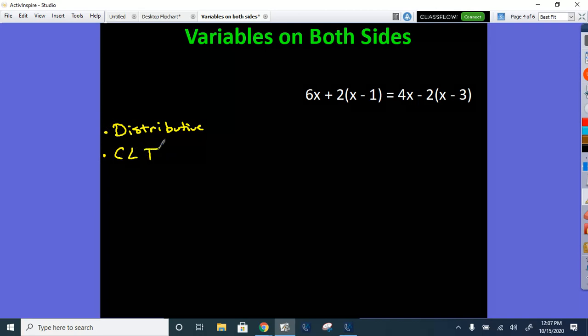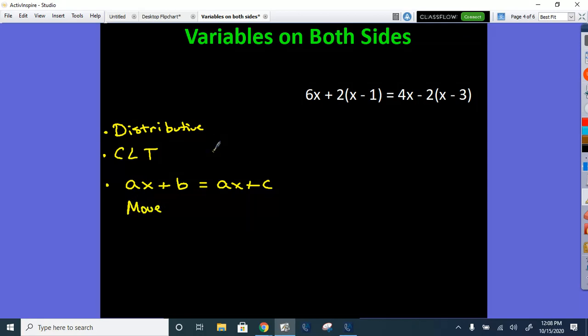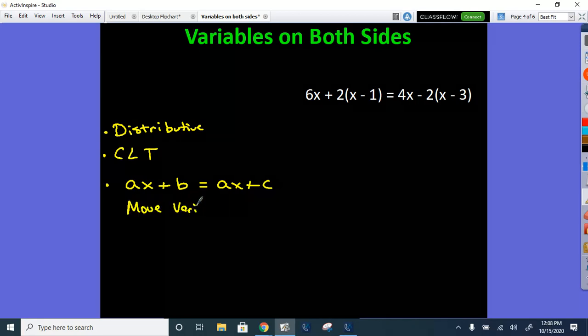Once we've done all of that, we will get it into that situation where we have ax plus b equals ax plus c, and then we can start moving our variable first. So we have to take care of these two first, and then we can get into moving our variables.